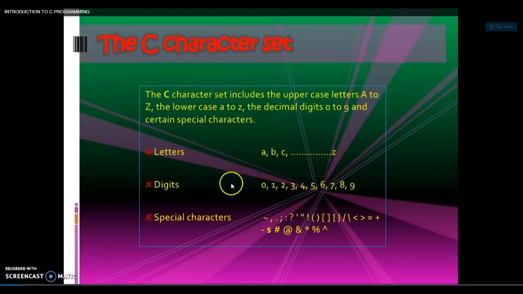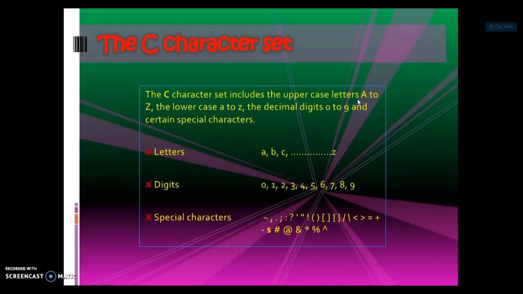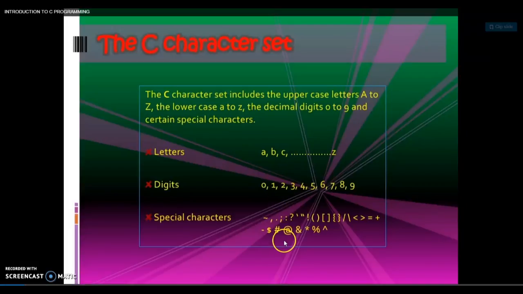The C character set. The C character set includes the uppercase letters A to Z, the lowercase letters a to z, decimal digits 0 to 9, and certain special characters.